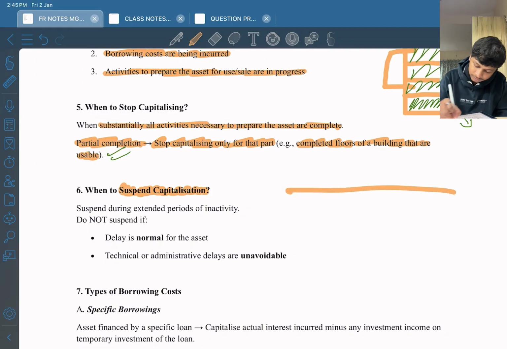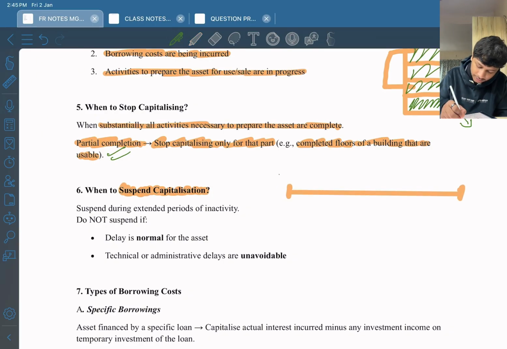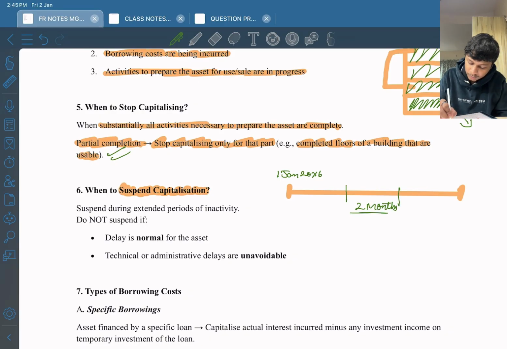For example, this is a timeline. I was capitalizing interest from this date, 1st January 20x6. And suddenly in between, there was a pause for 2 months, and this pause was unavoidable. Will I stop capitalization?